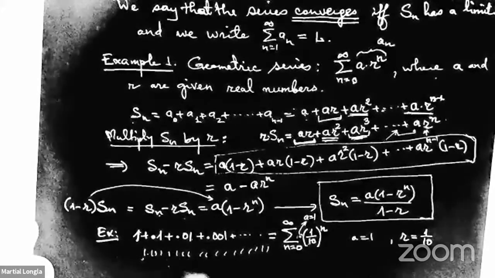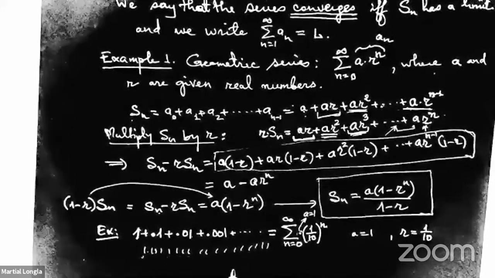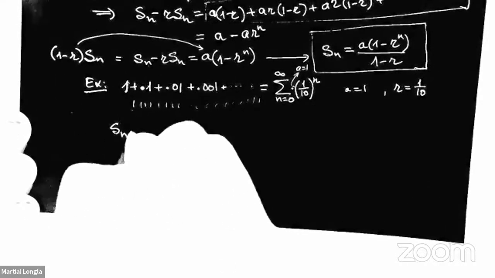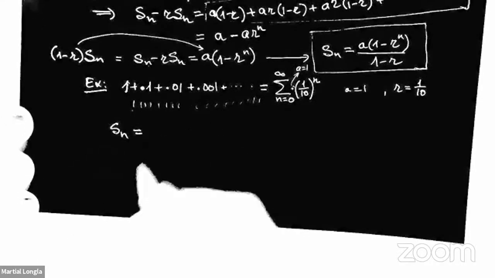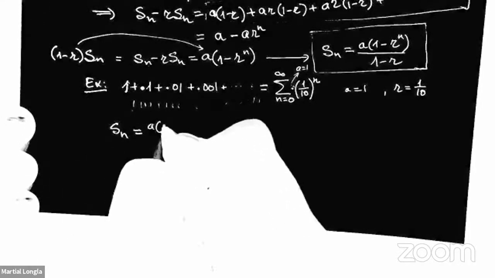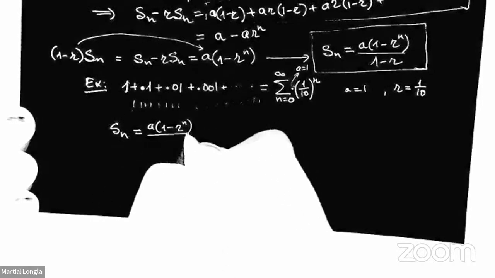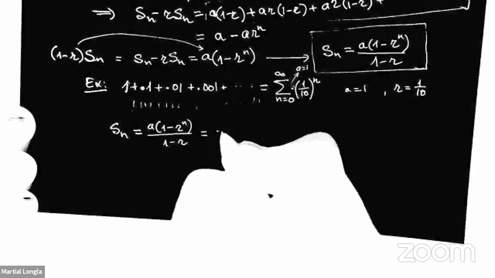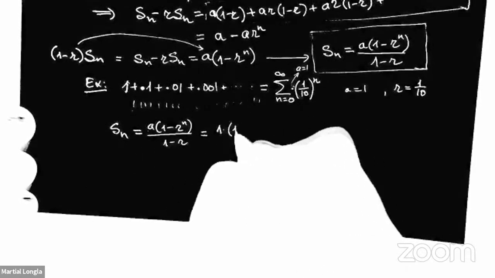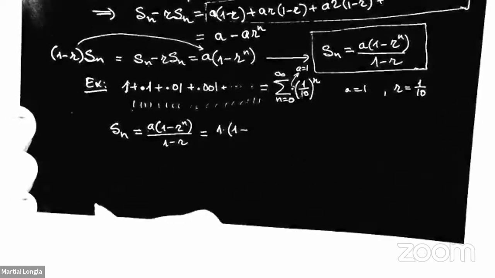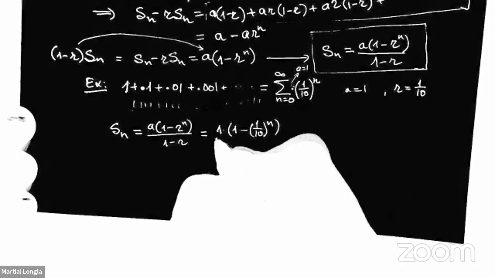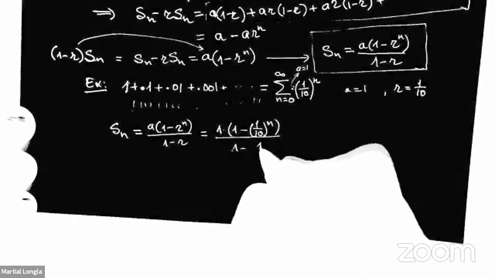And so Sn is going to be a times 1 minus r to the power n over 1 minus r, which is 1 times 1 minus 1/10 to the power n divided by 1 minus 1/10.